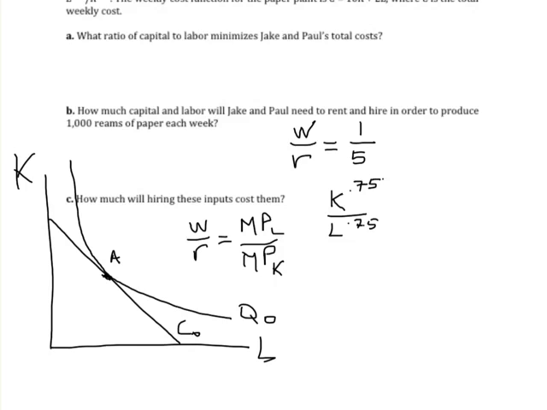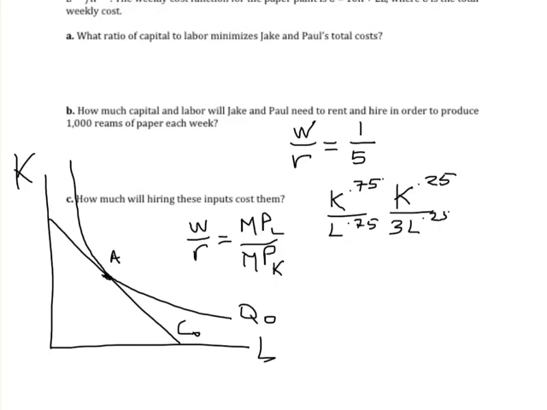Remember when we're dividing fractions, I can just multiply the fraction in the numerator by the reciprocal of the one in the denominator. I'm just going to go ahead and take that step. So I'm multiplying this fraction by the reciprocal of 3L to the 0.25 divided by K to the 0.25, which is K to the 0.25 over 3L to the 0.25.